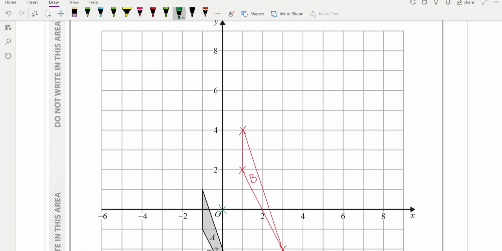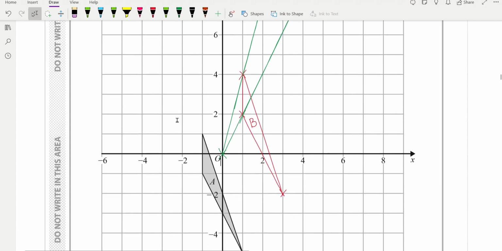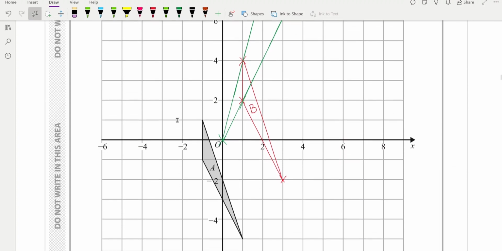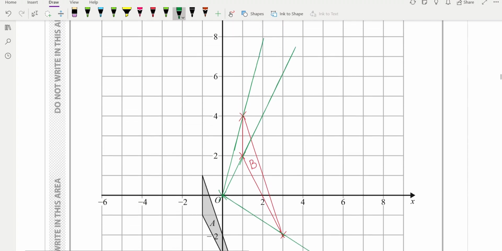From the center of enlargement, we can draw the lines like this one, and the second line will be passing through this, and the third line will be like this one, so we try to draw as accurately as possible.